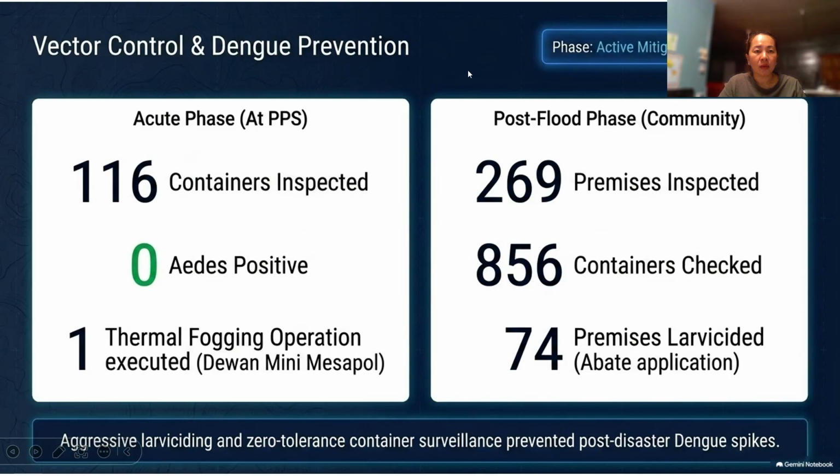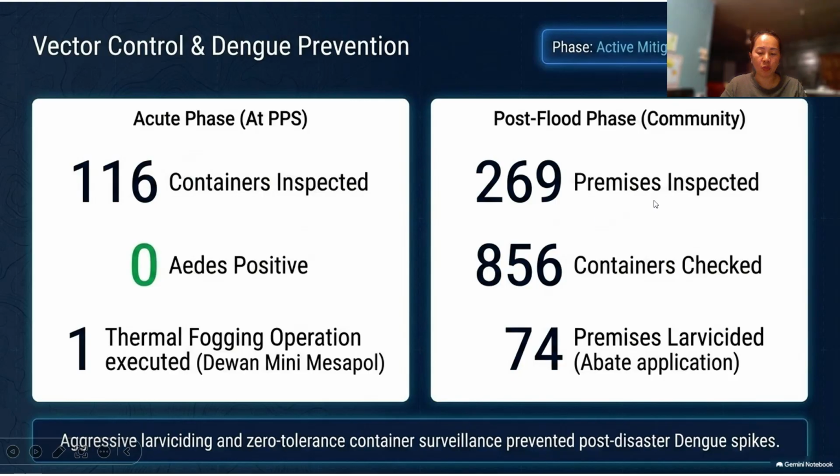For vector control and dengue prevention, they were conducted during the acute phase and continued after the flood. At the evacuation centers, 116 containers were inspected and no Aedes positive containers were found. One thermal fogging operation was carried out at Dewan Minusapul.